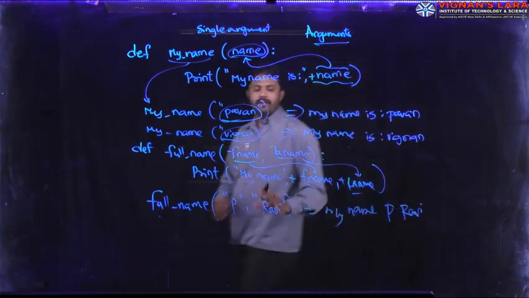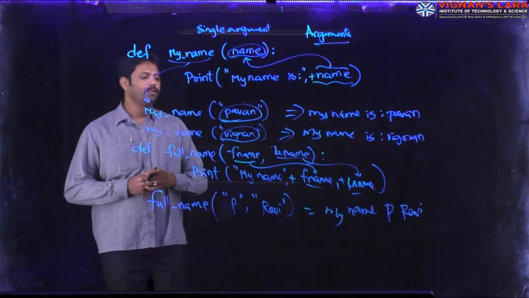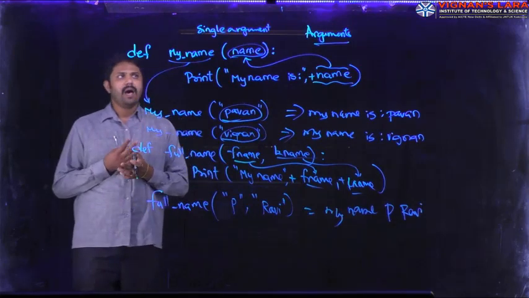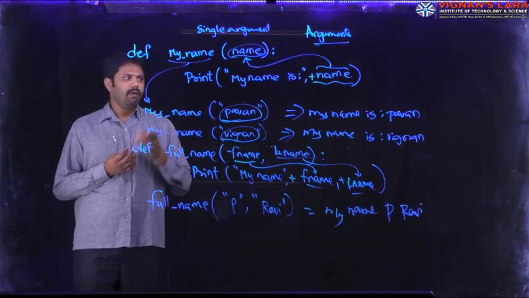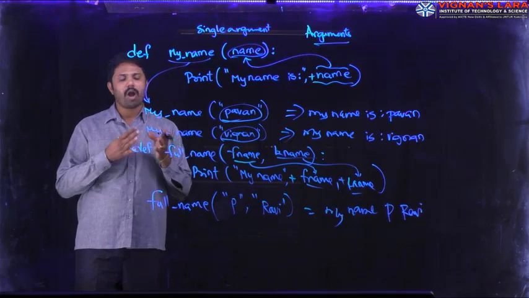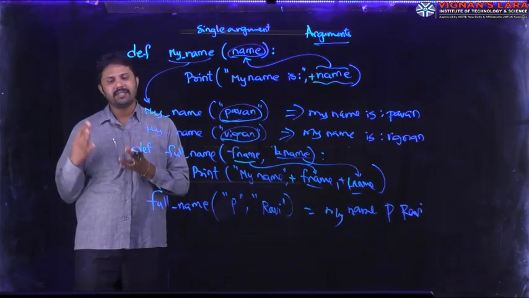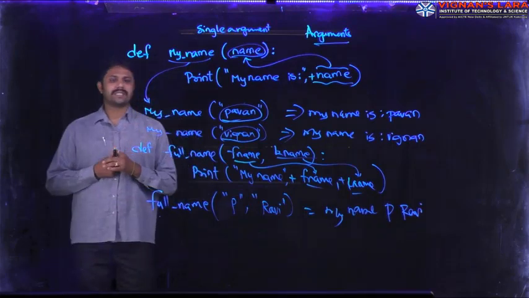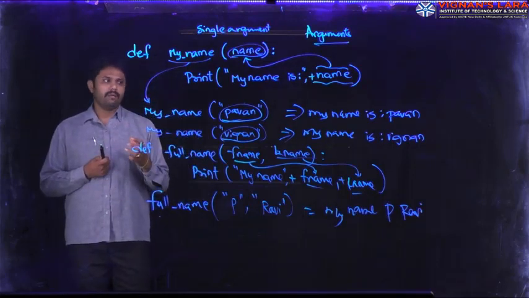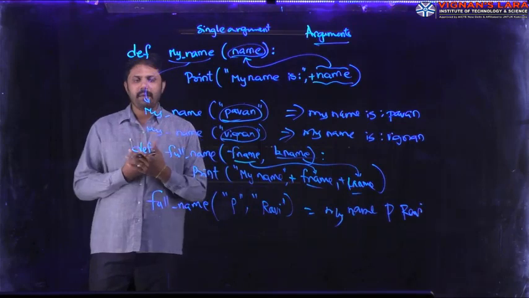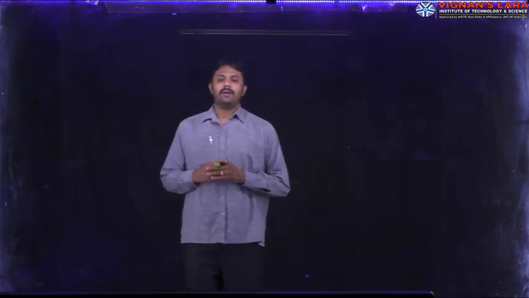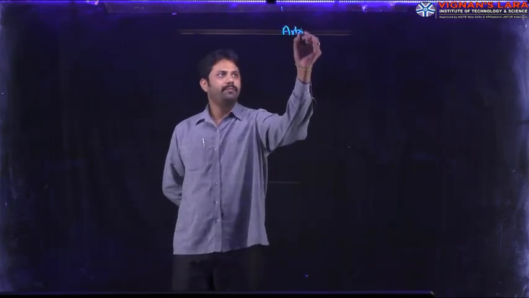Like this, these two values are passed to the function. This concept of passing arguments we have already learned in the C programming language. So in Python we have special ways of passing arguments, which we will see. In arguments, the next model is arbitrary arguments.